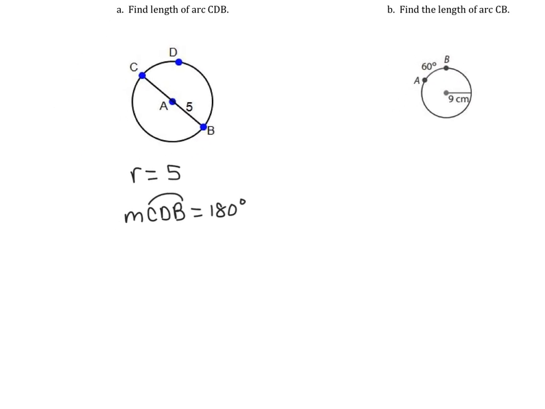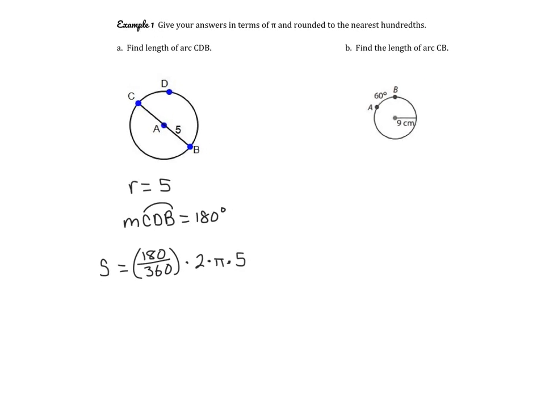The arc length, which remember is denoted by s, equals m, which is 180, divided by 360, times 2 times pi times r, which is 5. First they asked us to provide an answer in terms of pi, which means we'll still multiply 180 times 2 times 5 and then divide by 360, but we'll leave pi as part of our answer.